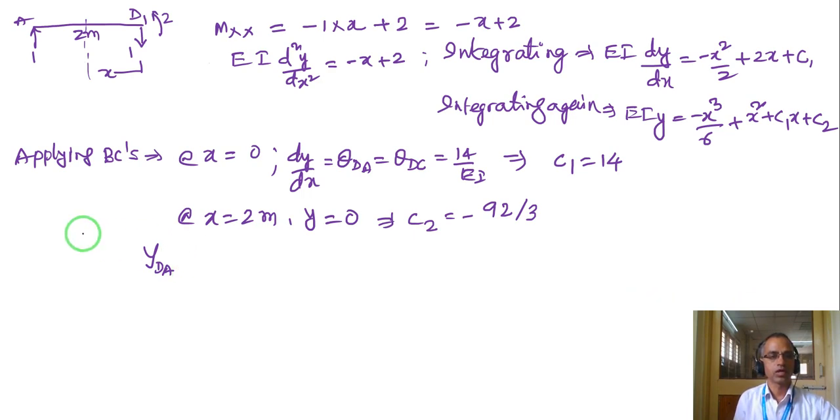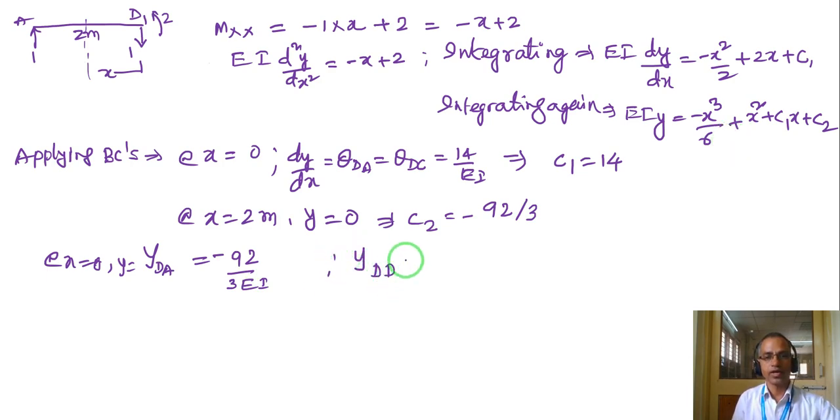That means at x equal to 0, the deflection y is YDA. So from this I get minus 92 by 3EI. Now I also want to know YDD, which is YDC minus YDA. I told you YDA will always be negative, so minus of minus will be a plus. The magnitudes have to be added up.